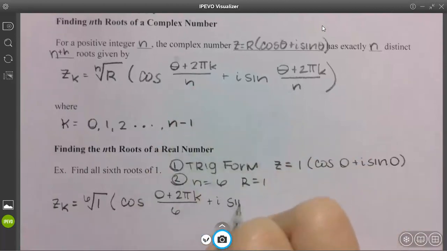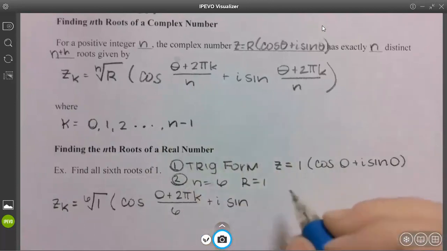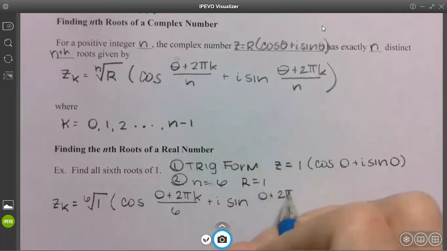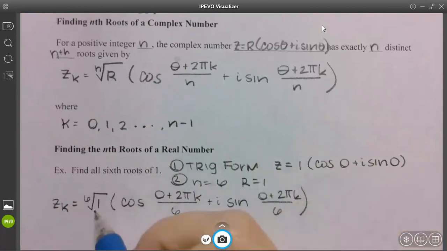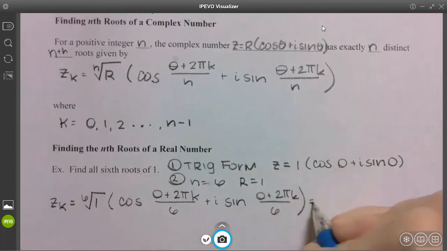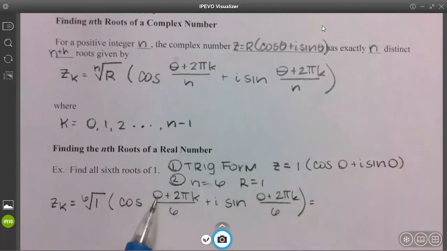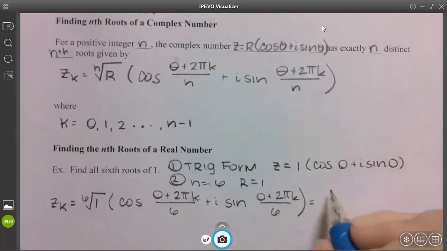Plus i sine of 0 plus 2 pi k over 6. The 6th root of 1 is just 1, so you don't have to write that. But then here, 0 plus 2 pi k is just 2 pi k. 2 over 6 is 1/3.